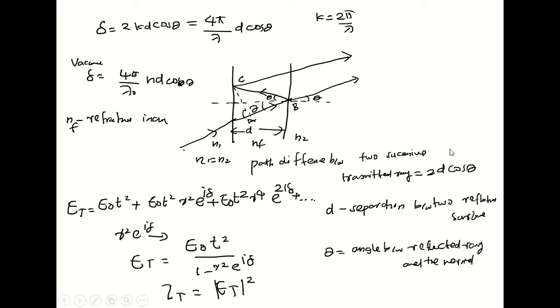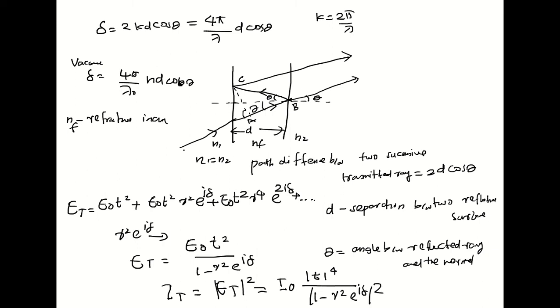So the intensity of the transmitted light is thus given by It equal to I0 t raised to 4 divided by the mod of 1 minus r square e raised to i delta, whole square.